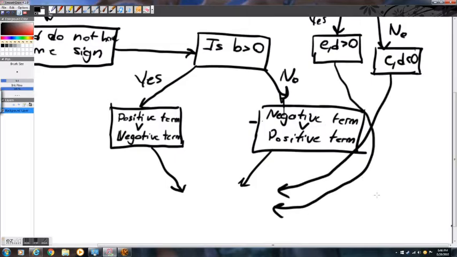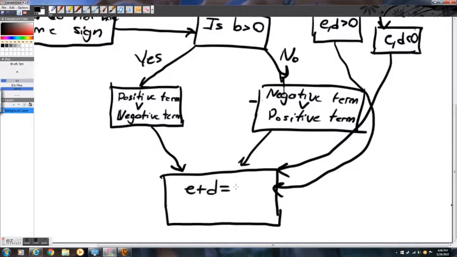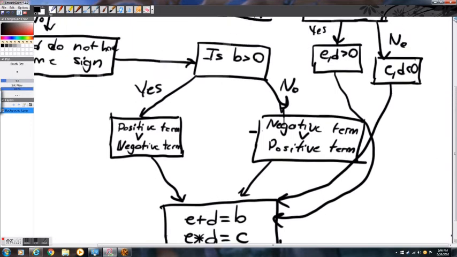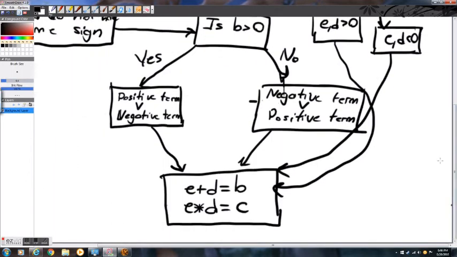The next step, after any endpoint, is we find e and d by knowing that e plus d equals b, and e times d equals c. And that is how we factor polynomials.